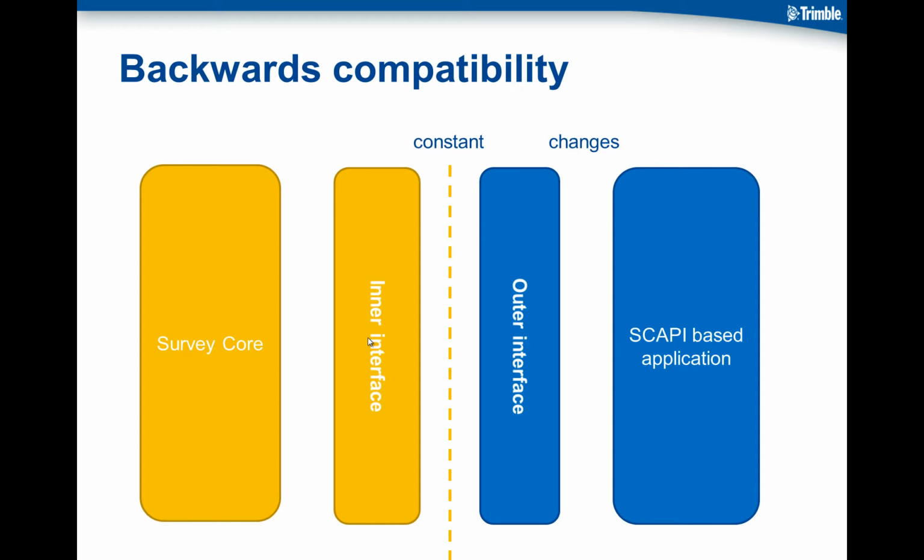And if you have source code that compiles against 2.50, it might not compile anymore if you go to 2.60, but this is only because the outer interface has changed. Your application will still be compatible if it was compiled with 2.50. That means if you have the DLL, it will just run. If you have to build it, the build might not work if you have changed your version number. That's the way we have created our backwards compatibility and how it's used.